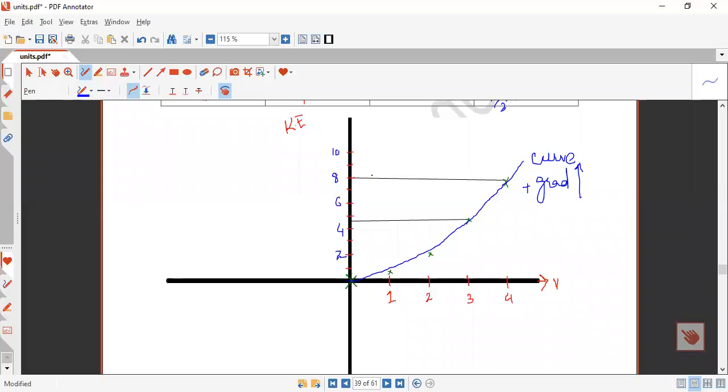So it's a really very important relationship. So what does it mean? Like we had the formula KE equals half mv square.